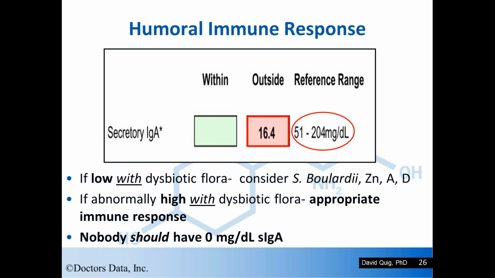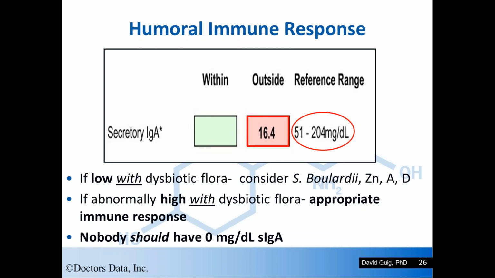Now, nobody should have 0 milligram per deciliter secretory IgA, and there is a lab somewhere in the world that actually has a reference range that implies that it's okay to have 0 secretory IgA. I've talked to a lot of immunologists, read a lot of literature about secretory IgA, and I can find nothing to defend that it's okay to have no secretory IgA in the gut.